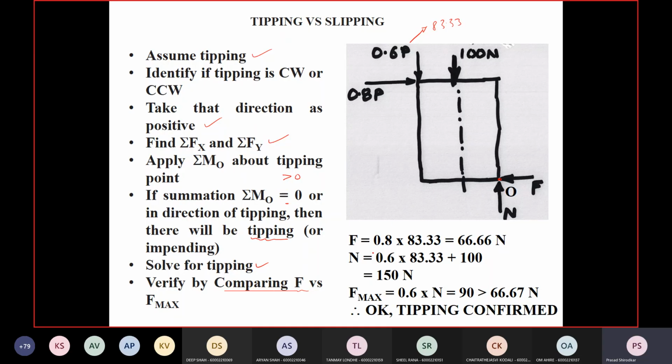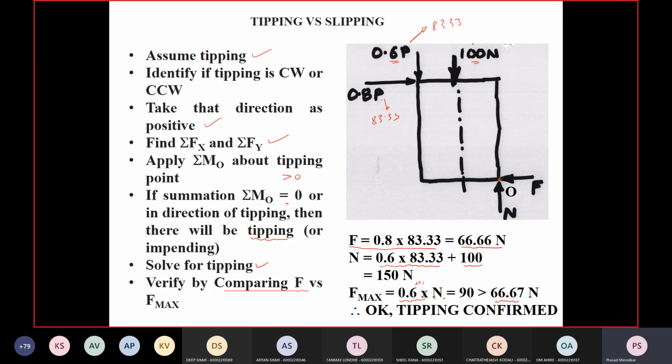So F is equal to 0.8 into 83.33, that comes out to be 66.66 Newton, and N using summation Fy will be 100 plus 0.6 P. So it is 0.6 into 83.33 plus 100, so that comes out to be 150. So maximum frictional resistance this surface can offer will be F max, that is equal to 0.6, mu static into N, and that comes out to be 90, which is greater than 66.6 Newton.